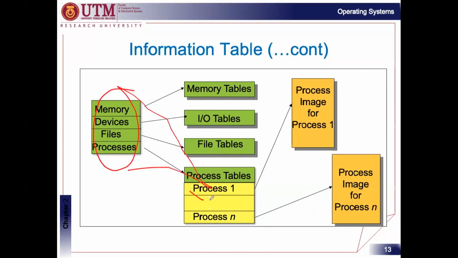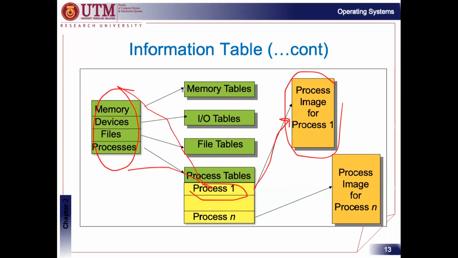They say process 1, process image. They will keep an image for each process. The process image means the whole thing. Image for process 1, for example, and this is the number of the image, similar to others for the memory, IO, and file.